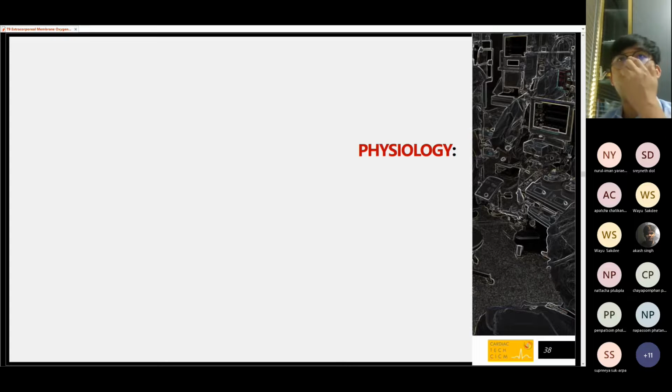I would like to show you the physiology during ECMO. This is covered in three parts. Firstly, oxygen delivery and exchange. Secondly, the flow, and third, the pressure.